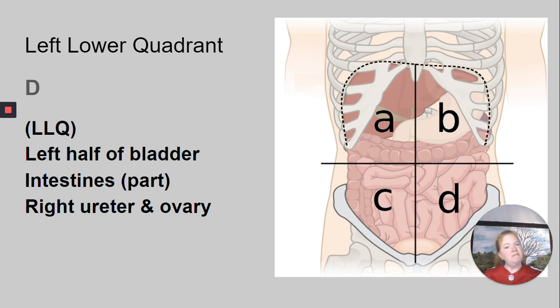The left half of the bladder, also part of the intestines, the left ureter coming from the kidney, and the left ovary. It is not, however, going to contain the appendix. So that is key to the right lower quadrant, which is a key if you're having appendicitis pain. It should be in your right lower quadrant. If you are having it in your left upper quadrant, it would not be indicative of appendicitis.